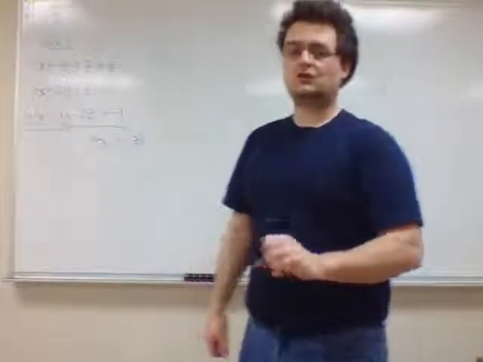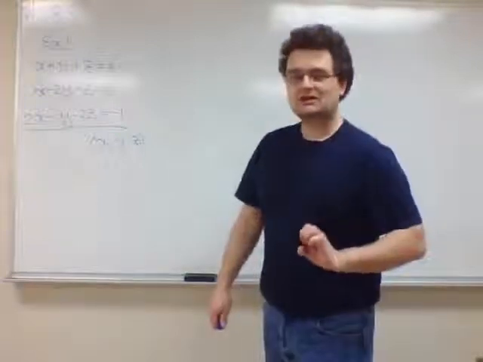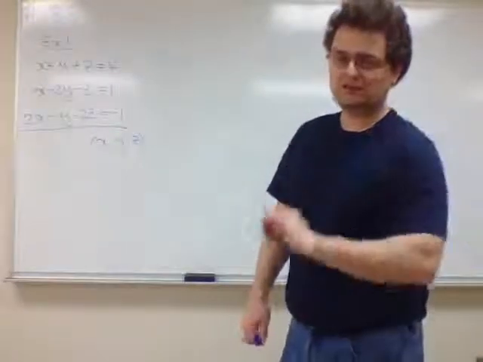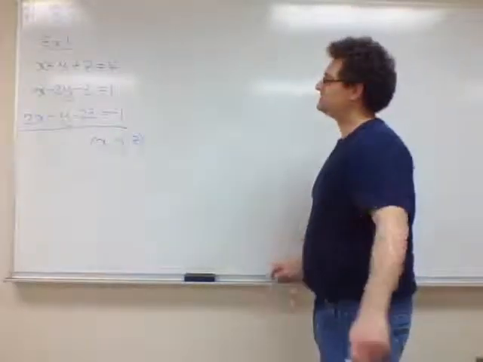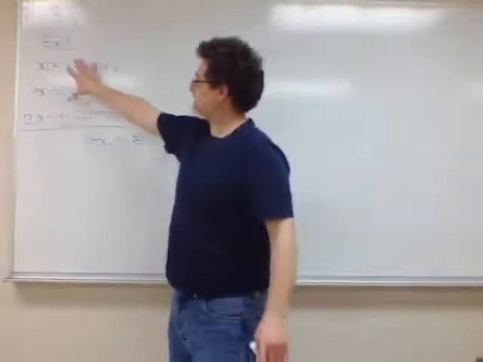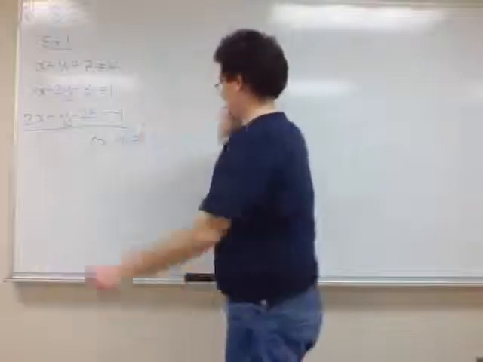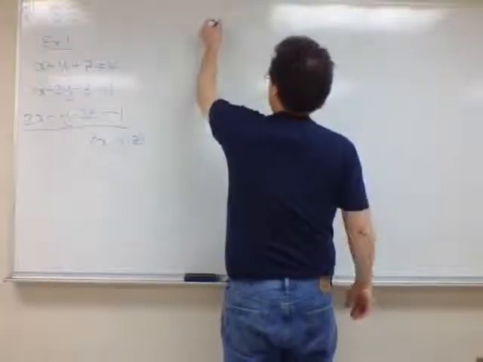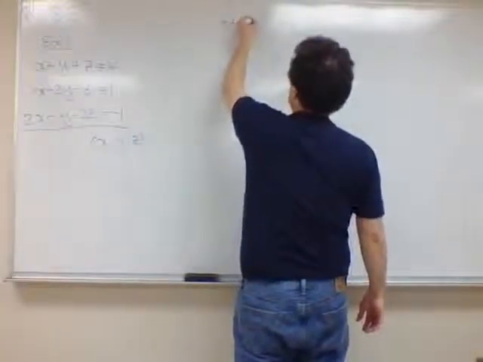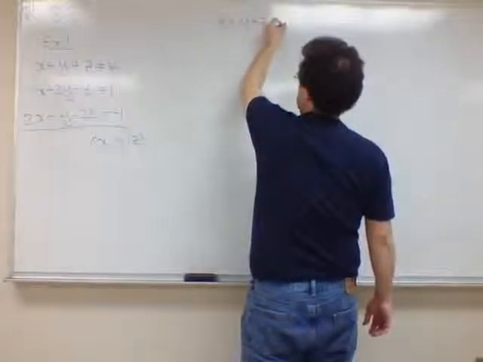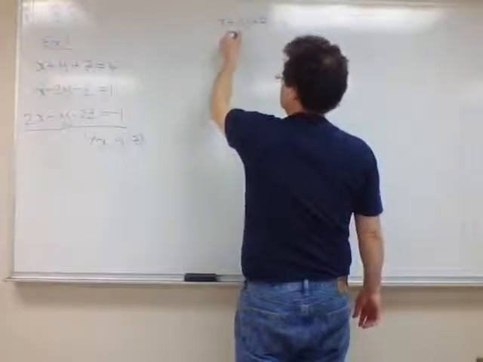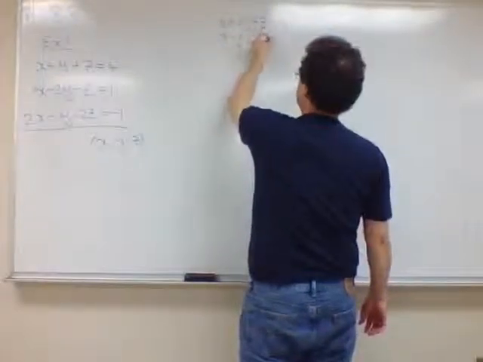Okay, so that's actually not so bad, but it doesn't solve the problem immediately. But okay, let's see. How do we eliminate x by looking at these two equations? So we have x plus y plus z equals 4, and x minus 2y minus z equals 1.